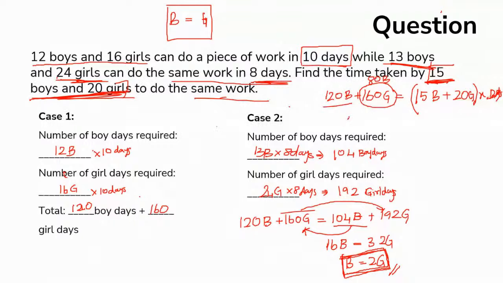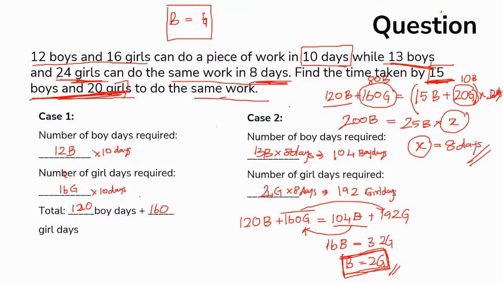Already 120 boys are there, so it is 200 boys here. And 20 girls will be 10 boys, so totally it is 25 boys into X number of days. If you cross multiply, you will get the X value as 8 days. So that will be your answer. If 15 boys and 20 girls do the same work, they will complete the work in 8 days.